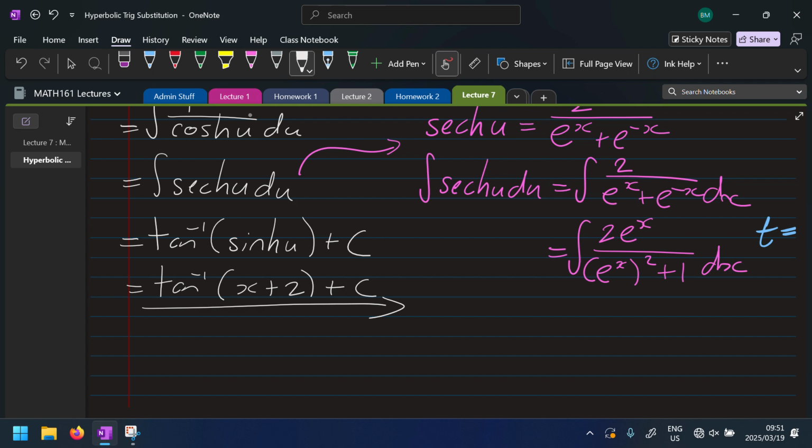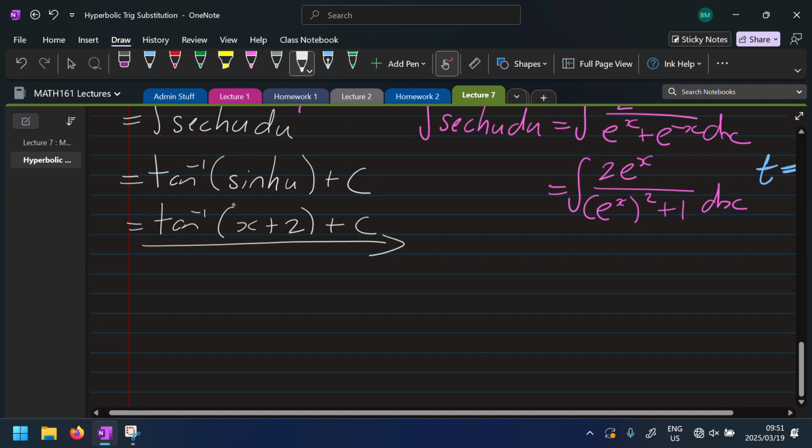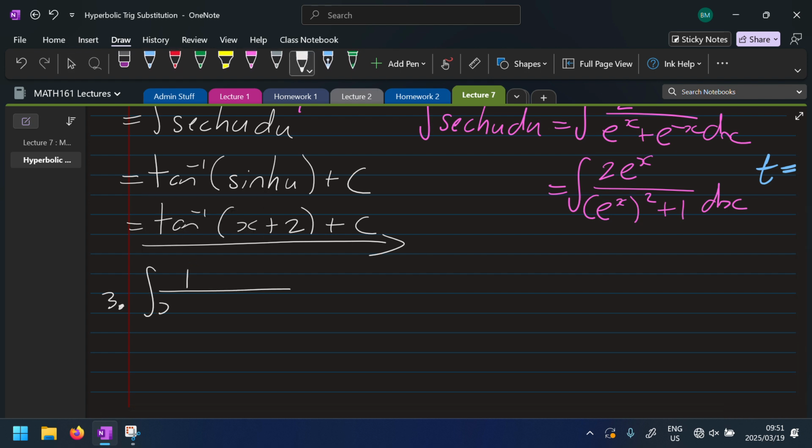Next one, number 3. So we have the integral of 1 over x squared root of 9 minus x squared. This one you can do two ways. You can do it with the trig substitution, because we've got 3 squared minus x squared, or you can do it with the hyperbolic trig substitution.